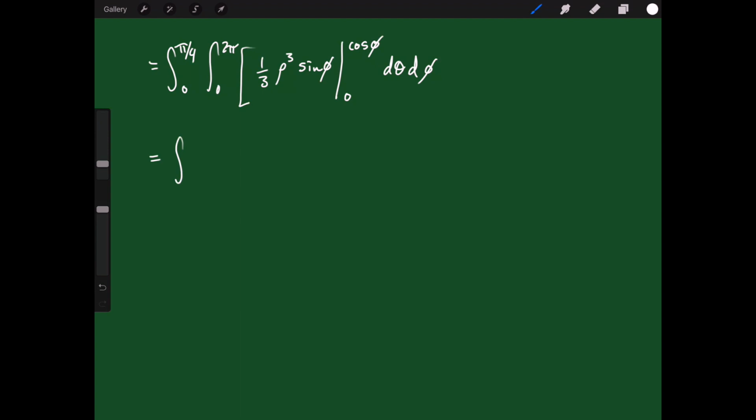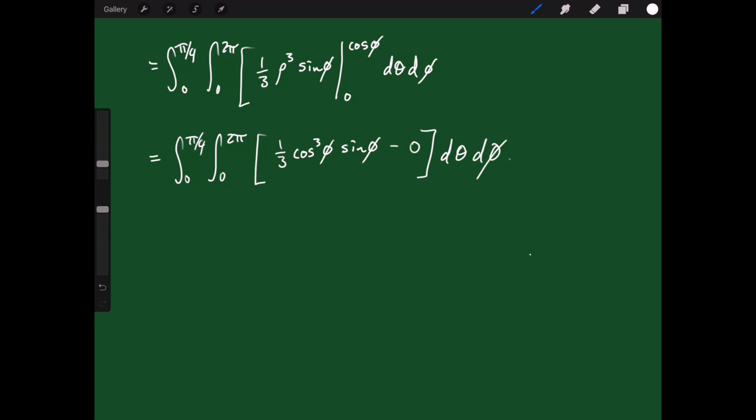So what we get is the integral from 0 to pi over 4, integral from 0 to 2 pi of, plug in the cosine of phi, and I get 1/3 cosine cubed phi sine phi, minus, if I plug in 0 for phi, I get 0, d theta d phi. All right, so that 0 is just gone.